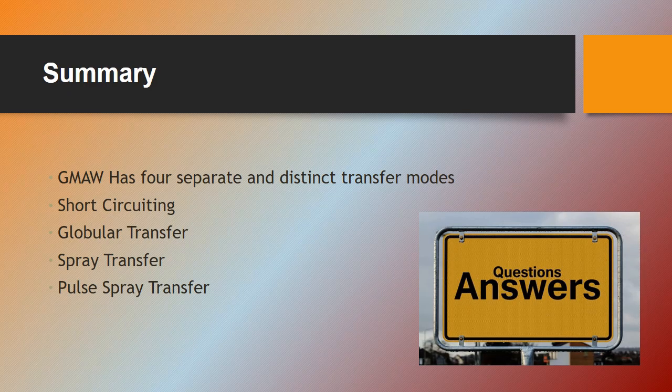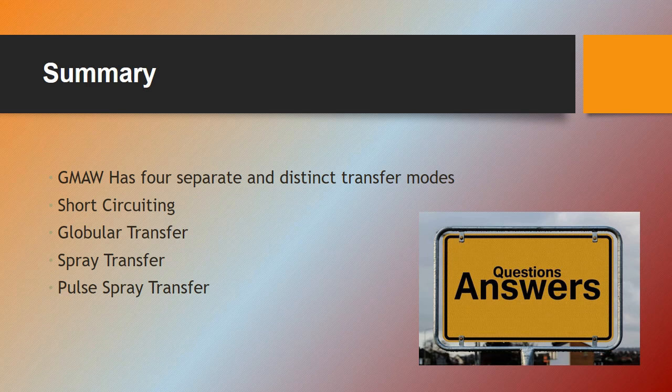GMAW has 4 distinct transfer modes. That's the basis of this little summary here. Short circuiting's the lowest, usually using smaller wire diameters. You can use CO2 with it, and you use lower voltages. Globular transfer we don't use too much. It's pretty messy, but it uses a higher current than the short circuiting.